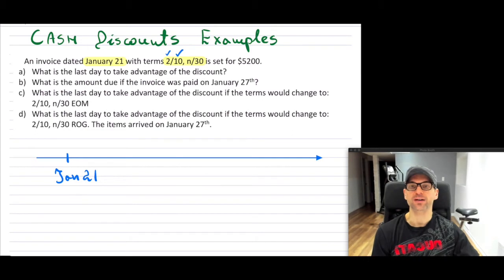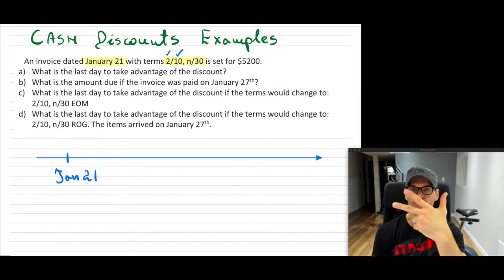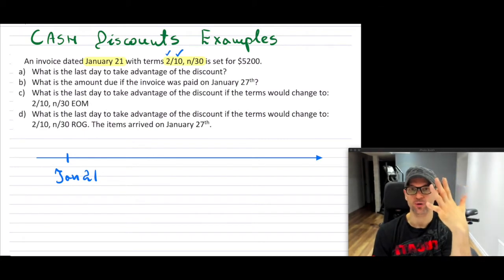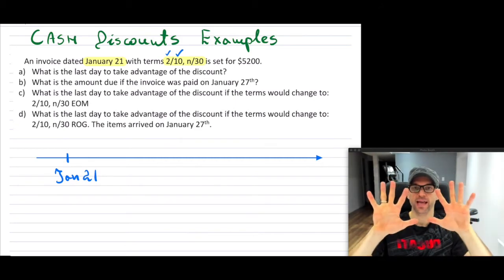Now, the way we count the days is the actual day of the invoice. So January 21 would be like day 0 because you just started. So day 1 is January 22nd. Okay? January 23rd, 24th, 25th, 26th, 27th, 28th, 29th, 30th, 31. 10 days.